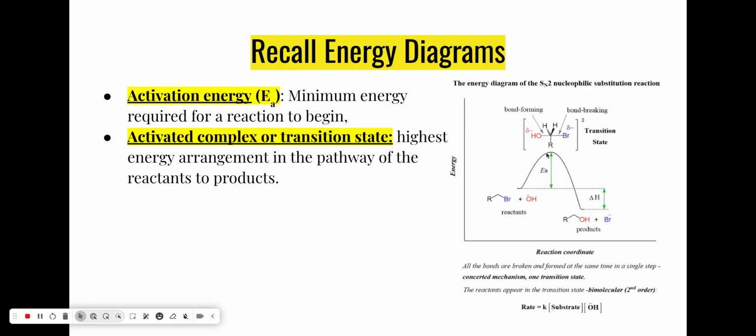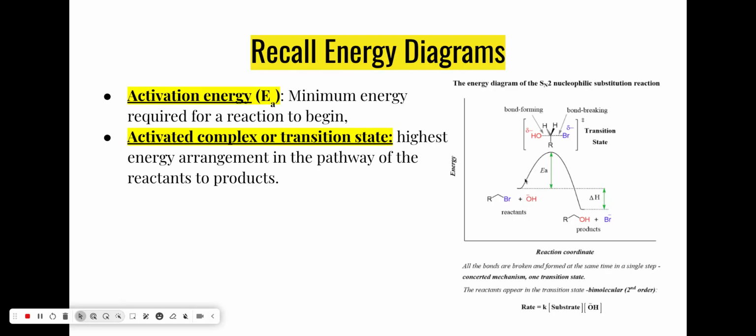That's where old bonds are breaking and new bonds are forming. And then the products could either be at a higher state of energy than the reactants, or a lower state of energy, as in this case, than the reactants. We'll talk about exactly what delta H is in our next unit, but that's how we would read and interpret an energy diagram.